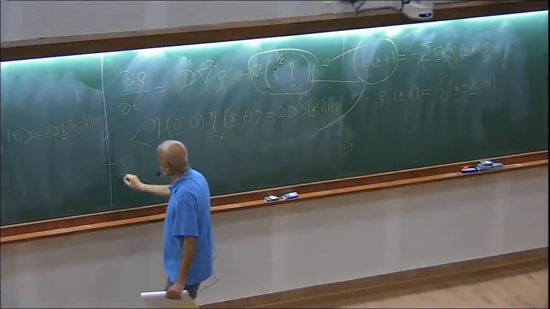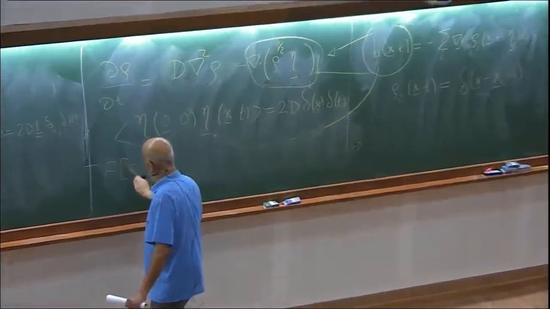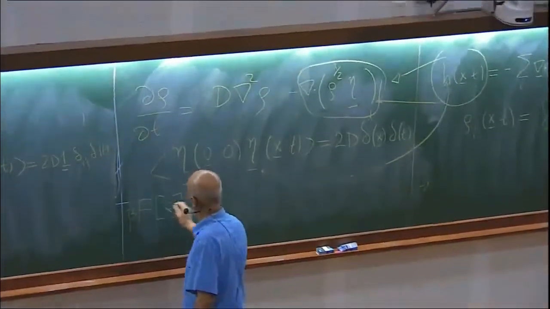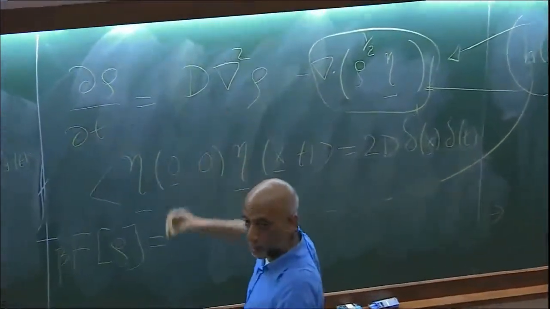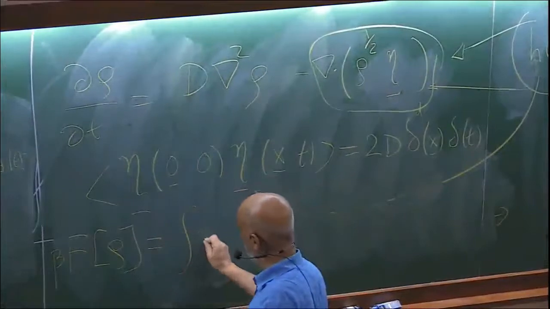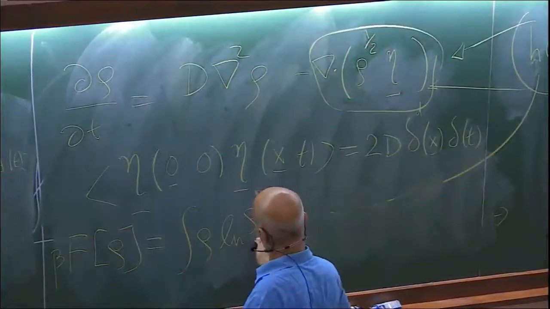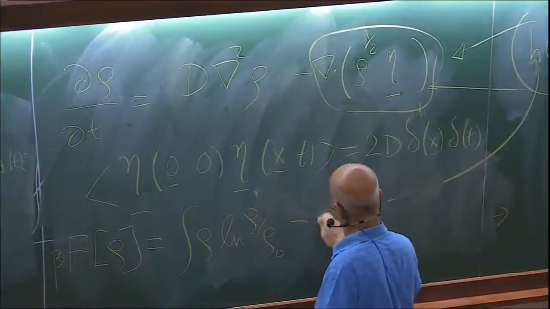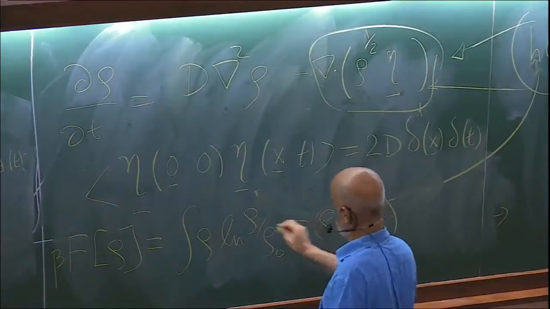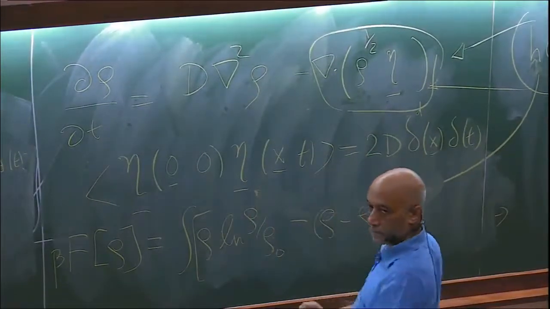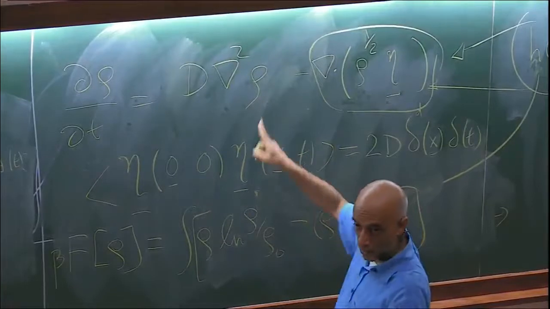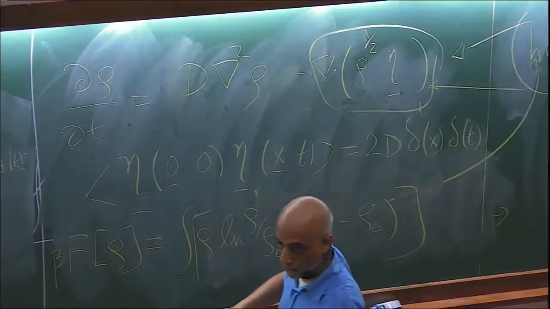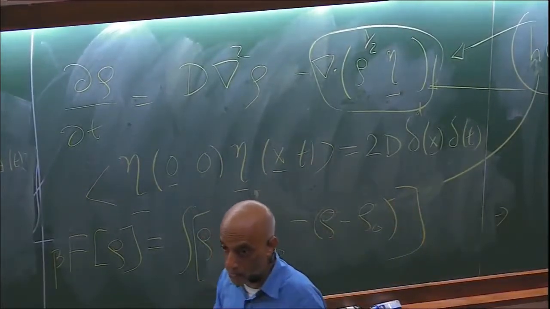So for this problem, you would like the free energy functional for the density to be, since it's non-interacting particles, just the ideal gas one. It should be this, and this comes out. So you are constrained by thermal equilibrium.